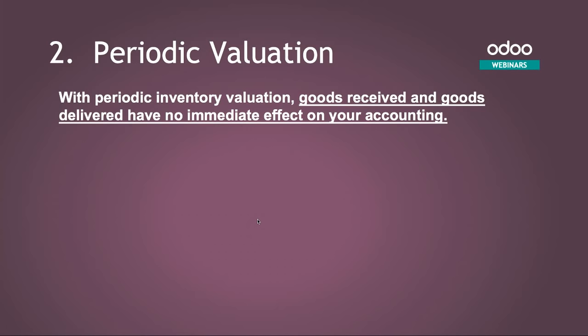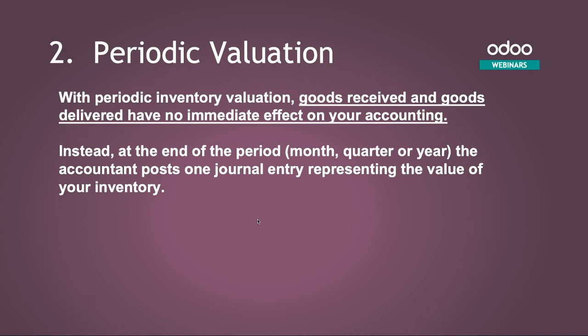So that means you can choose what period you'd like to do this at. It could be monthly, quarterly, yearly even. Some people choose to do that. Basically, your accountant needs to go in and post a journal entry regarding the value of your inventory at any given period that you decide. This is standard and how it's most commonly done in Odoo.